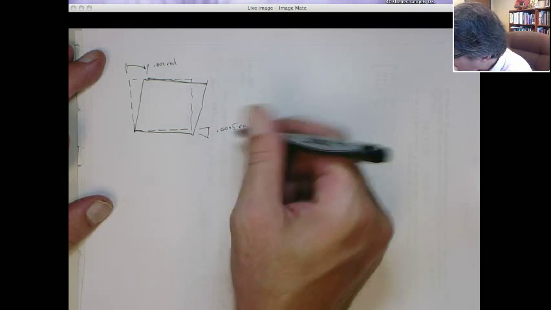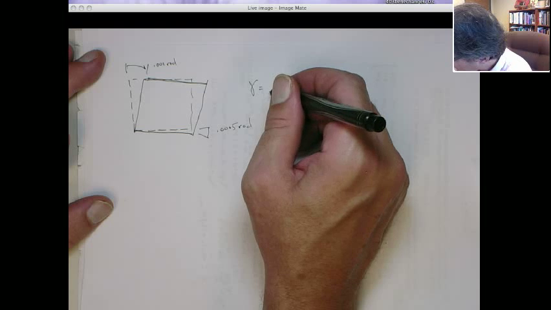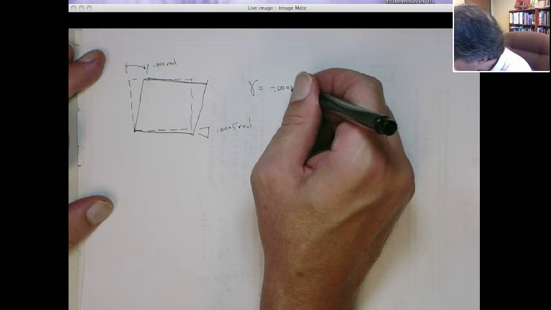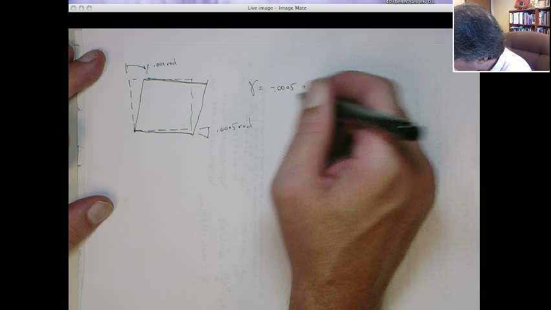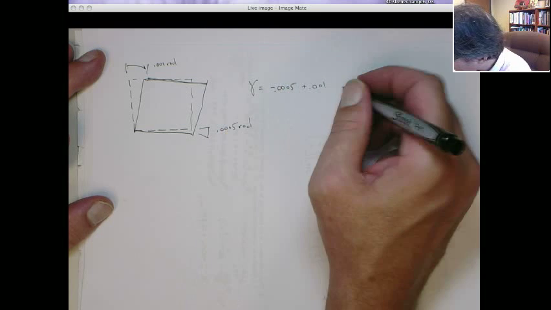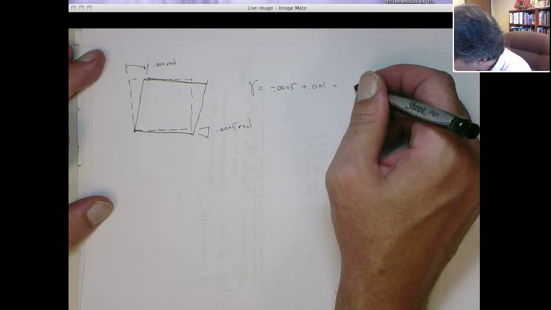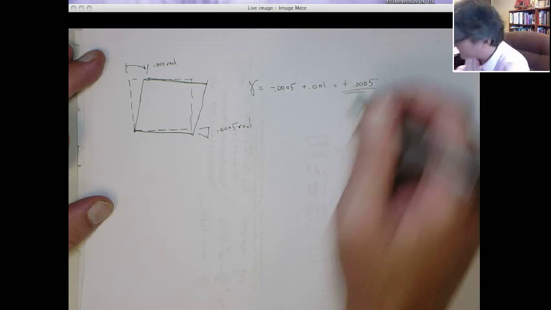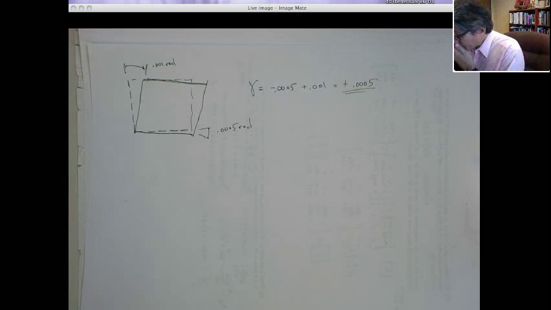Okay? That means the shear strain here is minus 0.0005 plus 0.001. Now, why the minus here? Because this is a negative rotation. So this gives me a shear strain of 0.0005 positive. Okay?